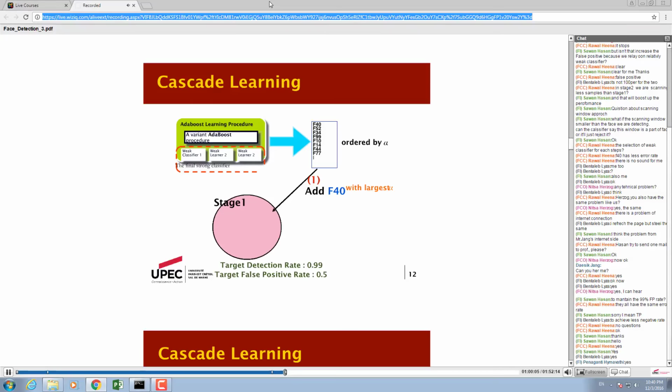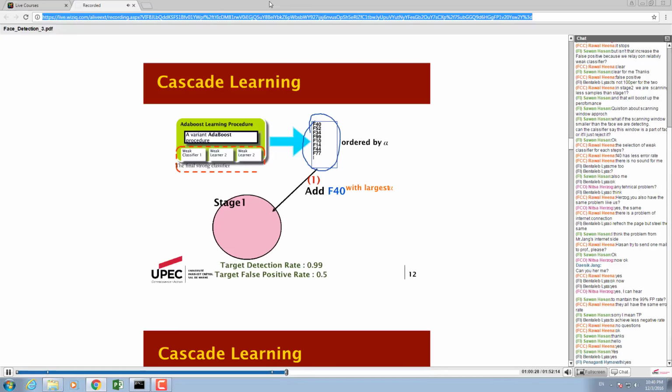Okay, I'm now going to page 12. Let's discuss more in detail about every stage. As we have already discussed, we have the ordered list of features, 2000 features.